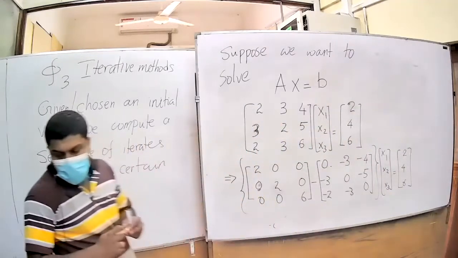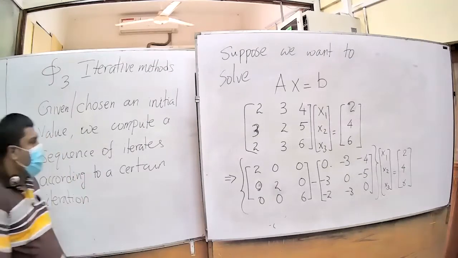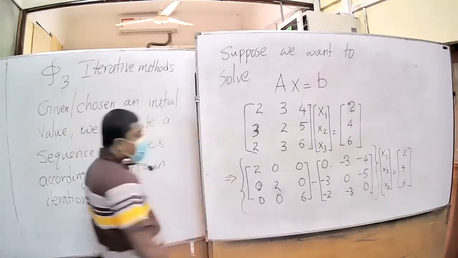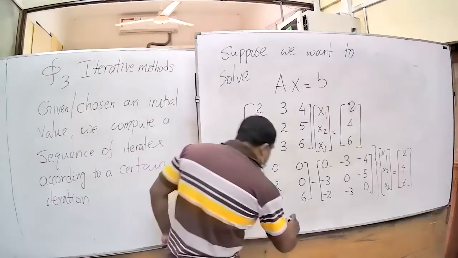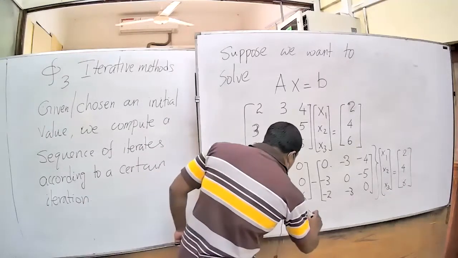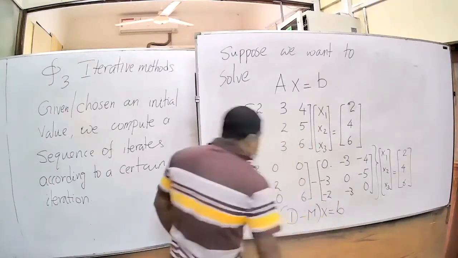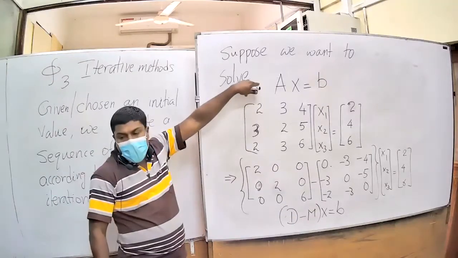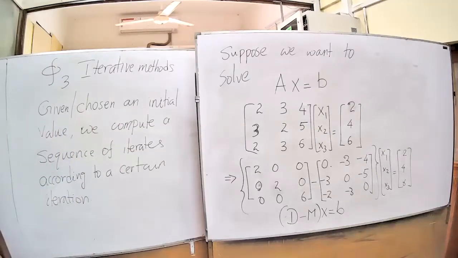Suppose you have a system like this, then you split A into pieces. You take the diagonal part separately and then you put minus of something. I can name this D and this M. So from Ax equal to B, you are able to write it as D minus M times X is equal to B.